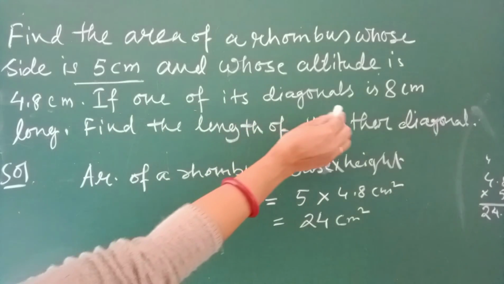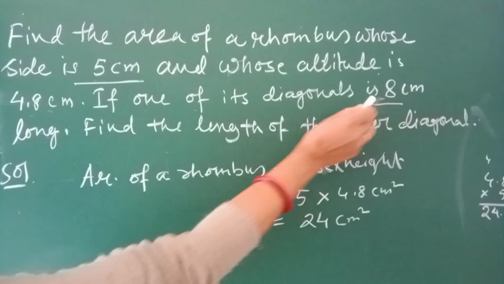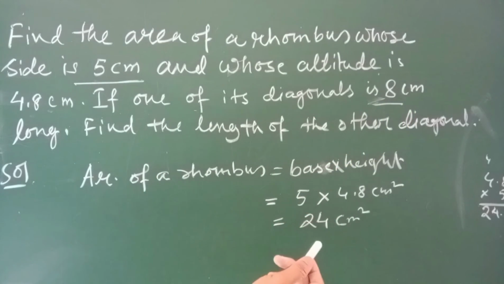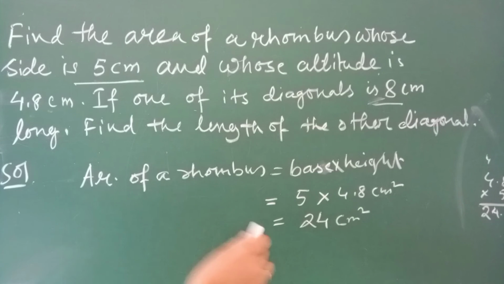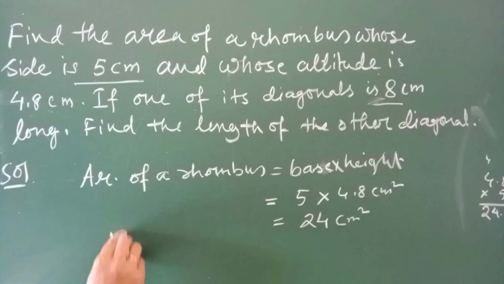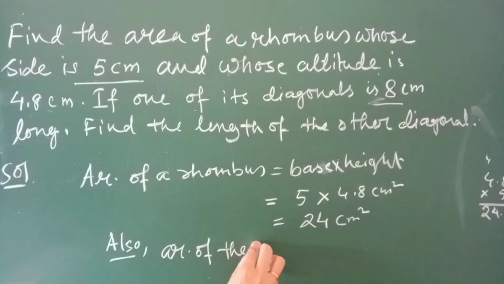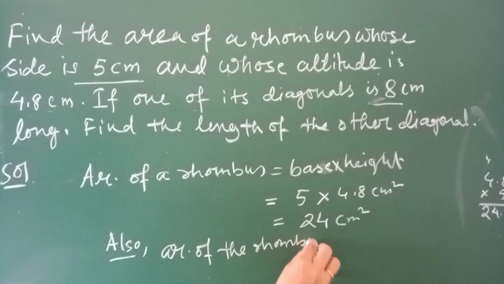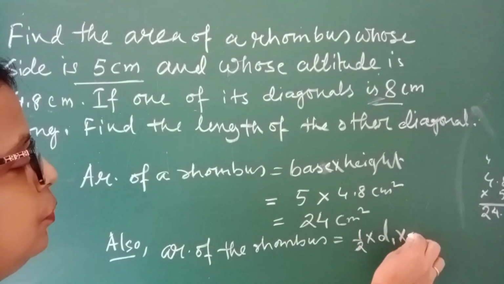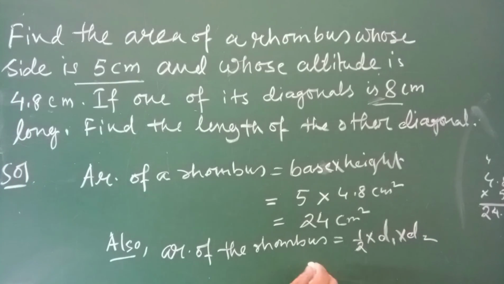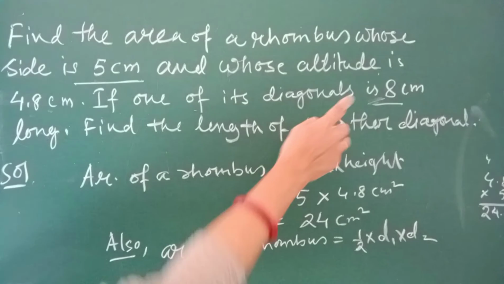Now you know the area of the rhombus. Now if one of its diagonals is 8 centimeter, then you have to find the length of the other diagonal. So now we will use the diagonal formula, as you have to find the length of the other diagonal. So you can also write area of a rhombus is equal to half into d1 into d2, where d1, say, is given as 8 centimeter.